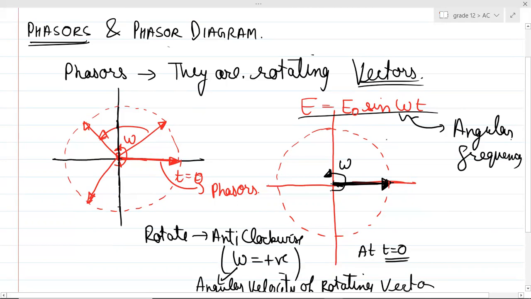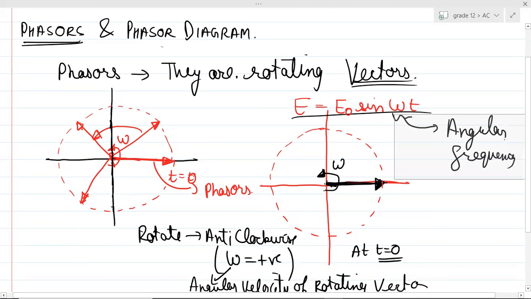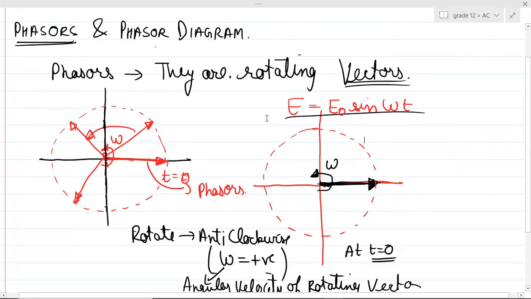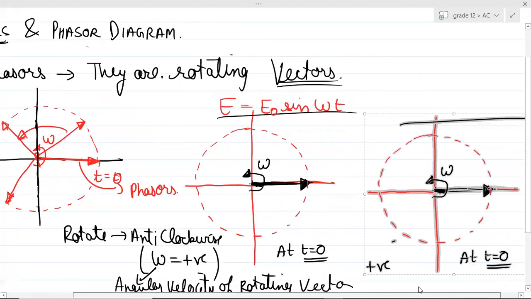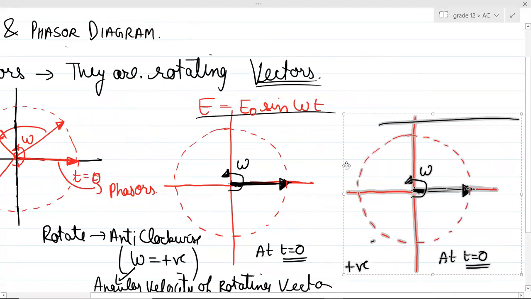So now tell me, if I have drawn this at t equals 0, and if someone tells me what will be the diagram at t equals t, then what will I do? If someone tells me what will be the diagram at t equals t, control C, control V? Please, you can draw this in the next line, no problem.